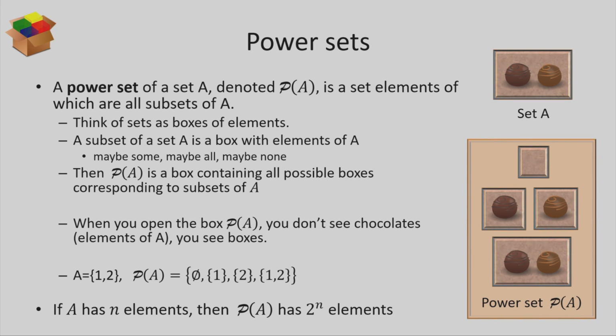You're going to see boxes. An empty box, a box with a dark, a box with a milk, and a box with both. If your set has elements 1 and 2, its power set will contain 4 elements: the set containing nothing, the empty set, a set containing just 1, a set containing just 2, and the whole set A.